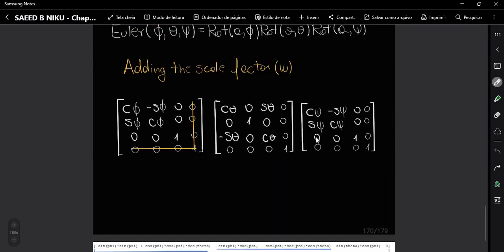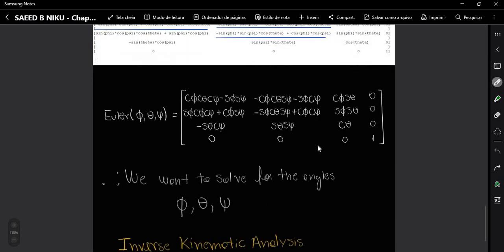Multiplying these three matrices, we got this total matrix, which represents not the final desired position, but the result after these angles are applied successively.